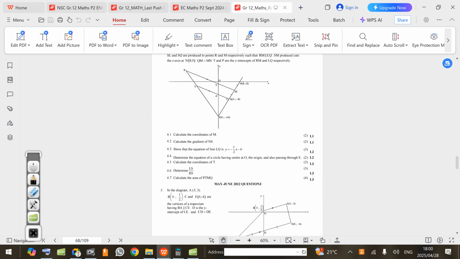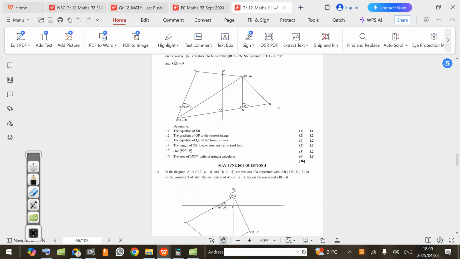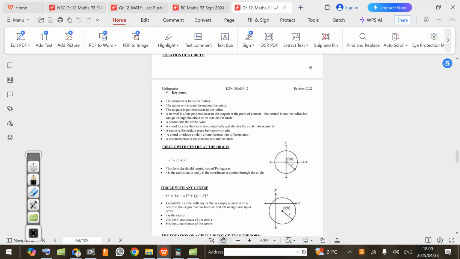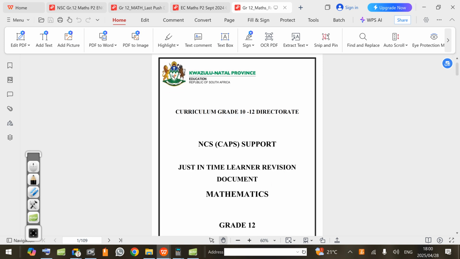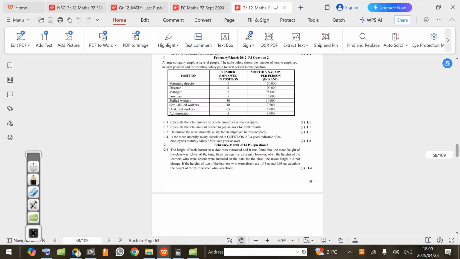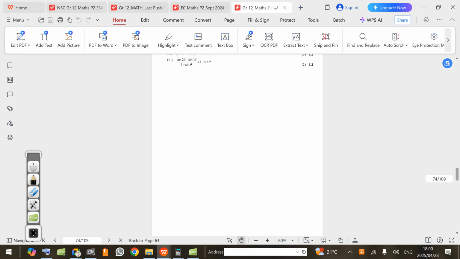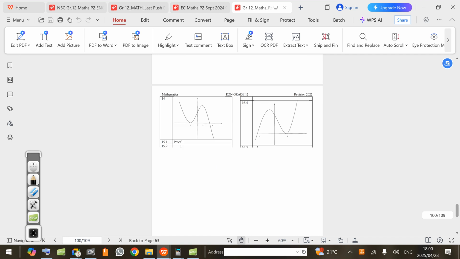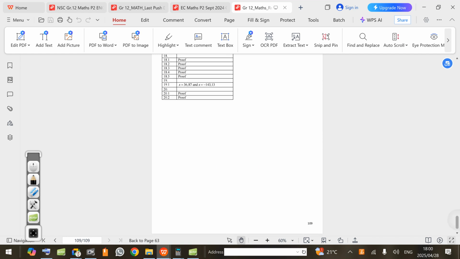Don't worry about circles. Once I summarize circles for you, it's not going to be difficult at all. Where is Euclidean geometry here? Euclidean is page 83. Okay, the whole booklet is finished.